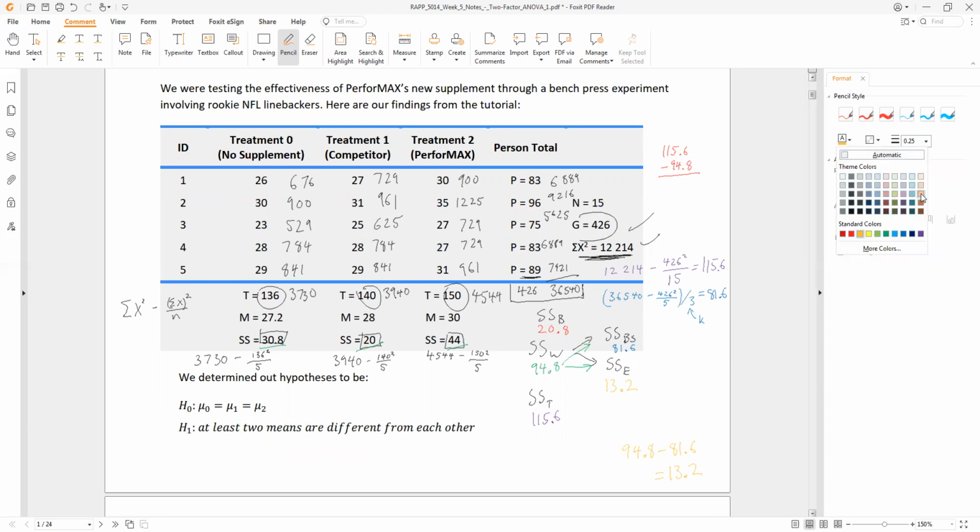Maybe I'll pick a darker orange. Yeah, this is more of a brownie orange, but that's fine. 13.2, right? Because these two numbers have to add up to the green number.